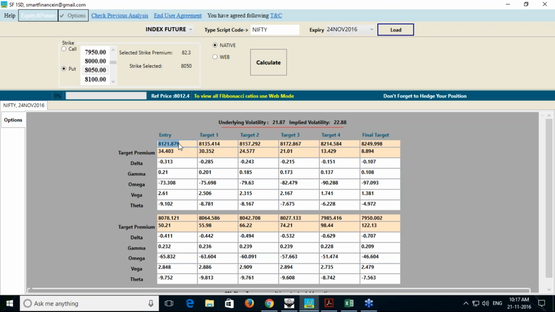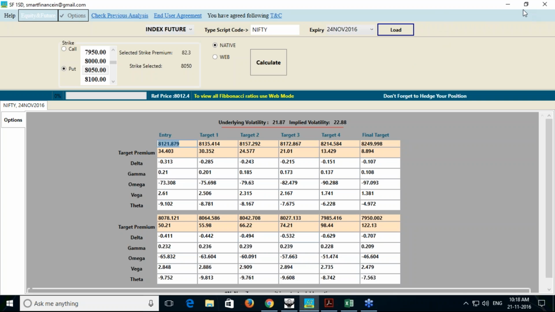Once it comes, I can go for the 8150 call option or the 8100 call option, anything of this choice. So this is how you can choose a strike for making a trade. Once you choose a strike and do the analysis, then once that price comes, you can initiate that trade. This is how you can trade in options, particularly for intraday.